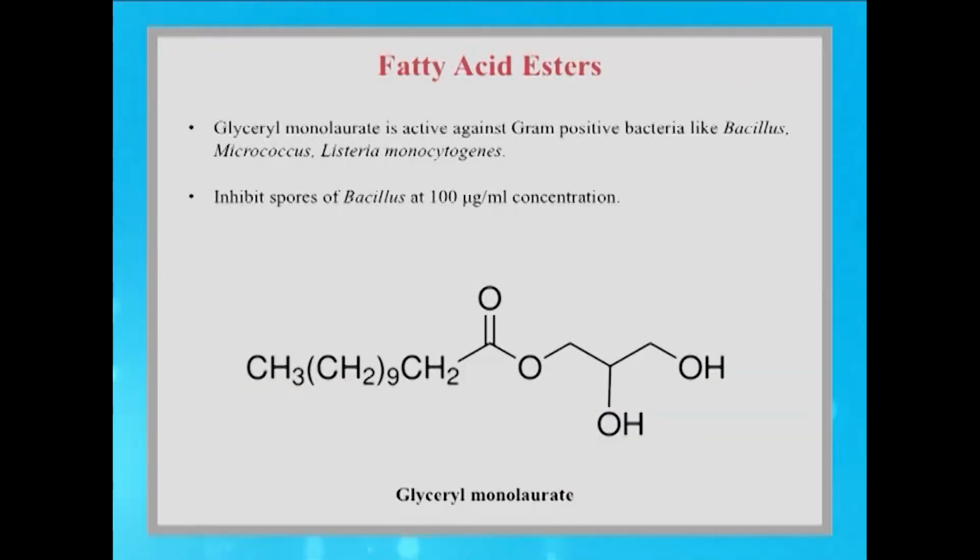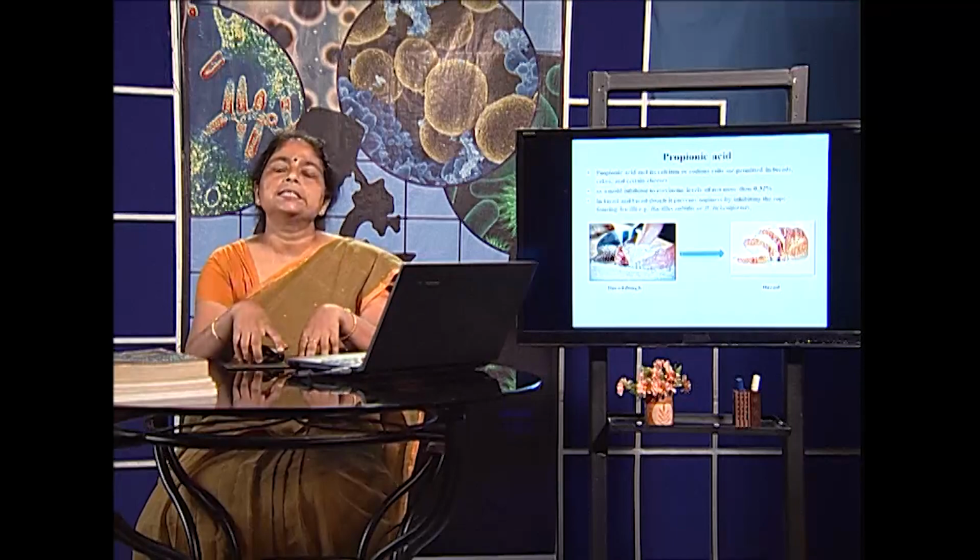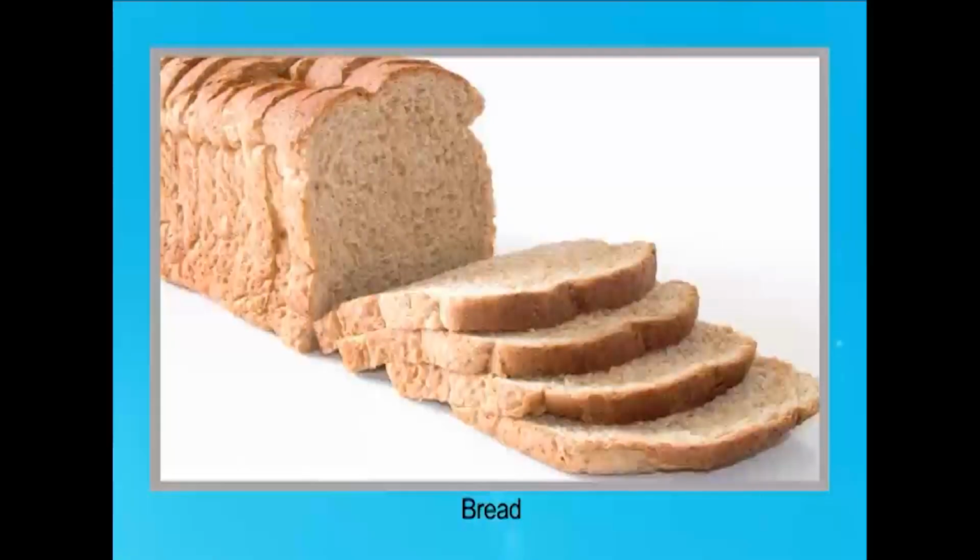The fatty acid esters are also important as chemical preservatives. Mainly glyceryl monolaurate is one of the fatty acid preservatives which is used in order to inhibit the growth of bacillus at 100 microgram per ml concentration. Propionic acid is another acid which is used for the preservation of bread.